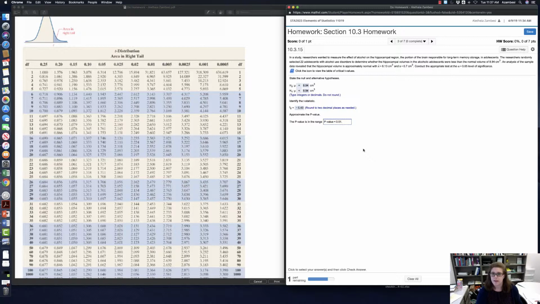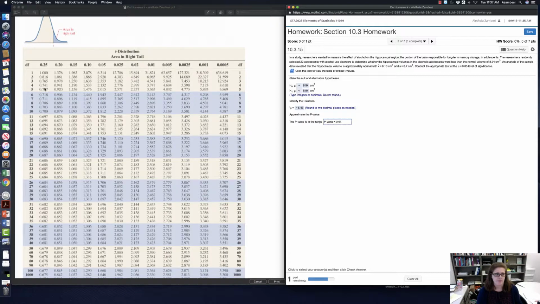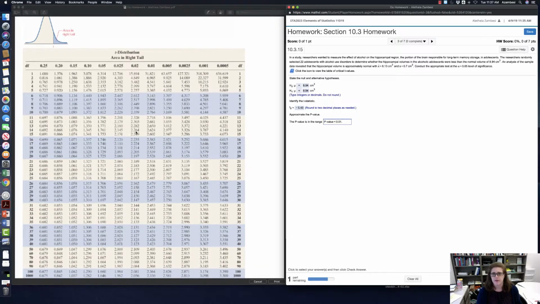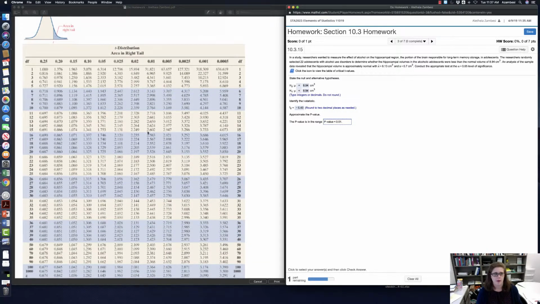Now, the other way to determine a p-value is to use the t-table. So I have a picture of what table comes up when you press this button here for my stat lab. I'll actually be providing this table and another t-table for the final exam. Now, if I have 22 adolescents, then the degrees of freedom are always n minus 1, or 21.